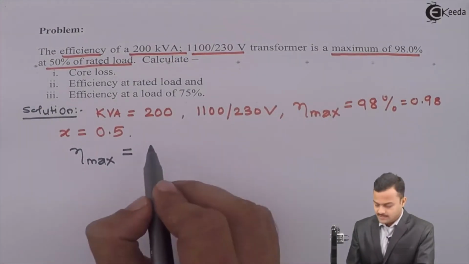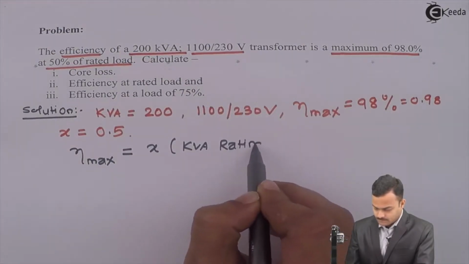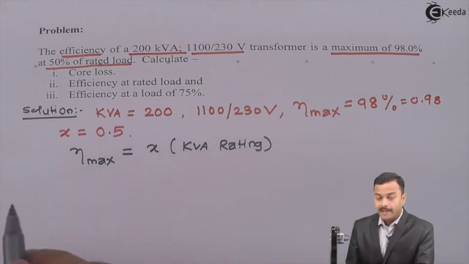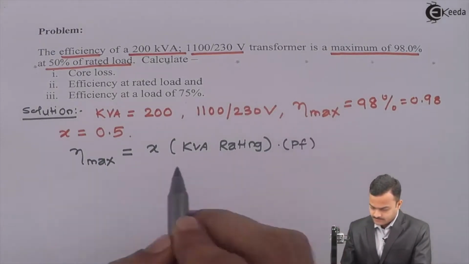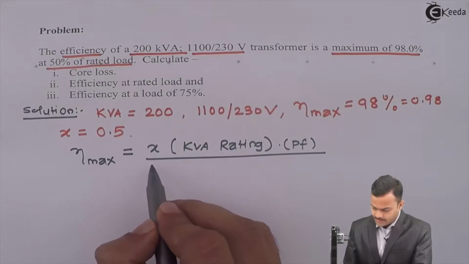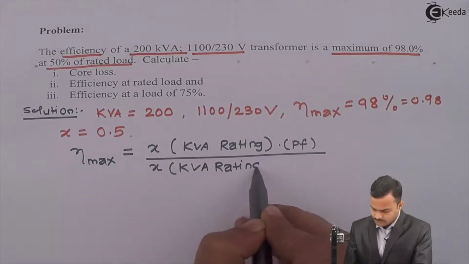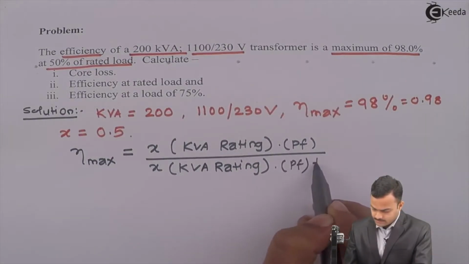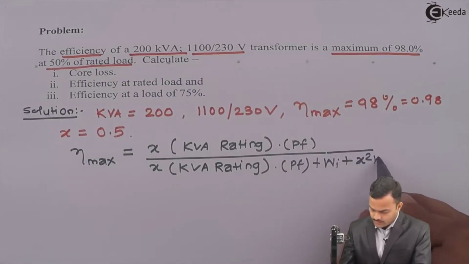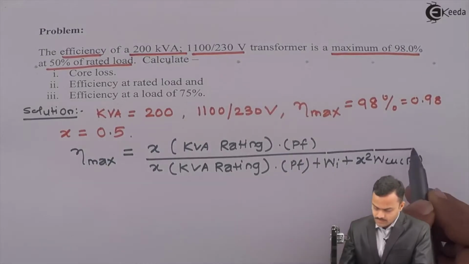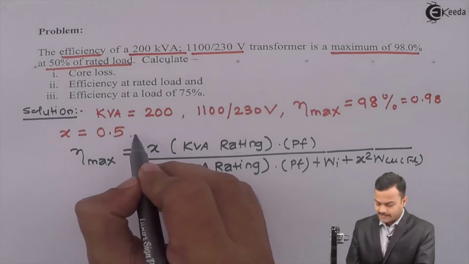Maximum efficiency is X multiplied by kVA rating, obviously this X is nothing but X at which efficiency is maximum, multiplied by power factor, divided by X multiplied by kVA rating multiplied by power factor plus Wi plus X square WCU FL. Here power factor is not given, so let's assume for this problem power factor is unity.